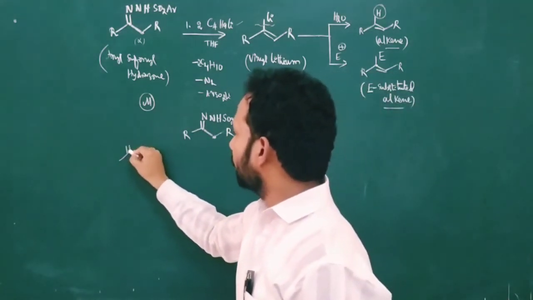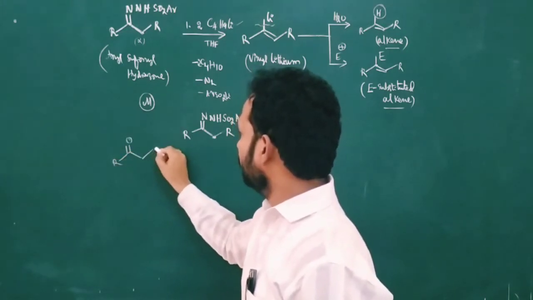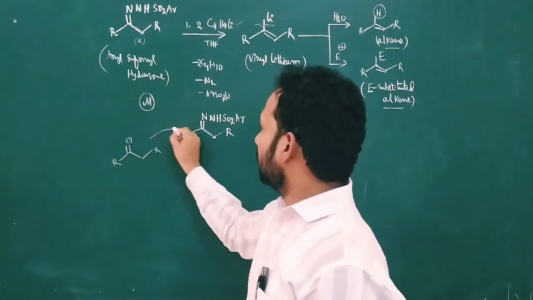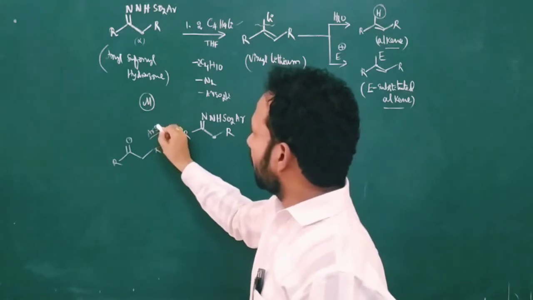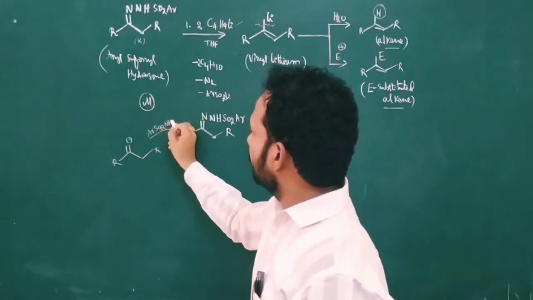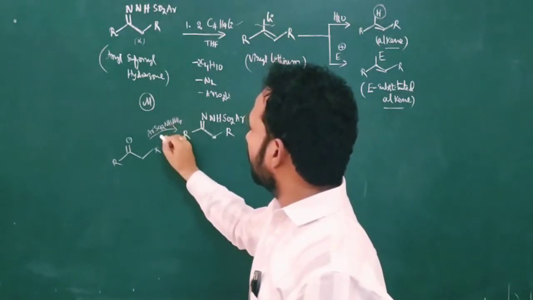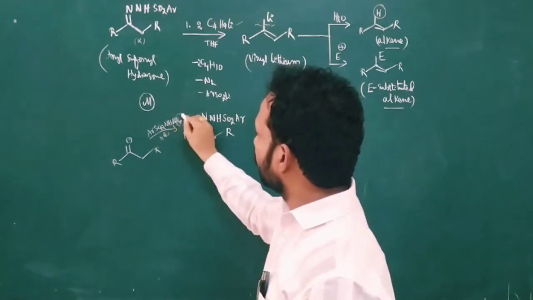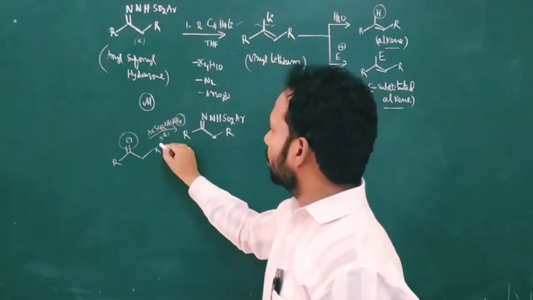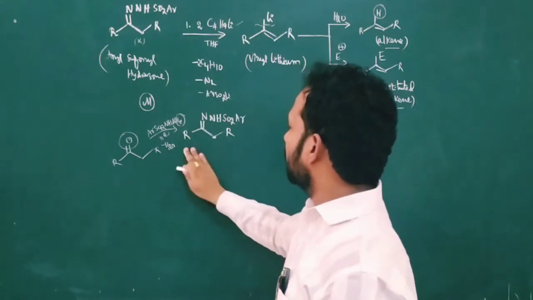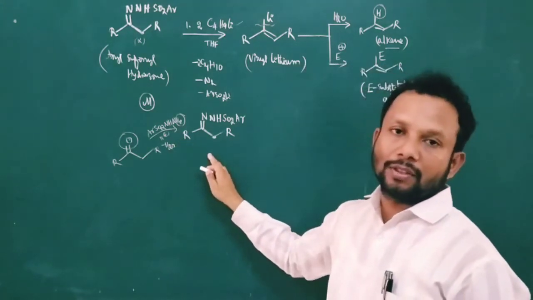You know the ketone, so I take this ketone. This ketone reacts with aryl sulfonyl hydrazine in the presence of acid. A condensation reaction takes place, with elimination of an H2O molecule, to form aryl sulfonyl hydrazone.